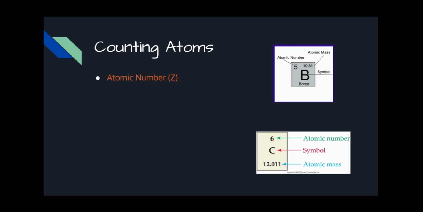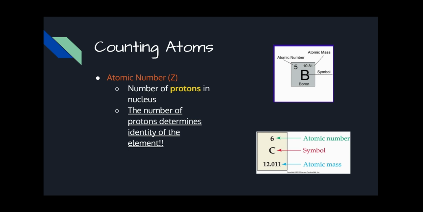So the first thing is the atomic number. Typically it's the number on the top. We abbreviate atomic number, of course, with the letter Z. The atomic number tells us the number of protons in the nucleus of the atom. And the number of protons determines the identity of the element.